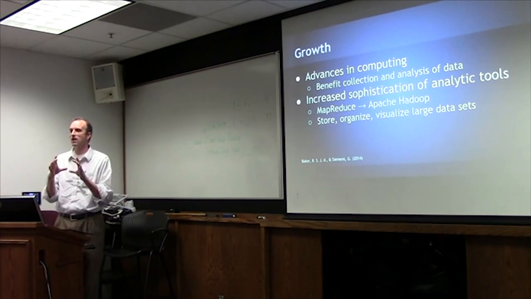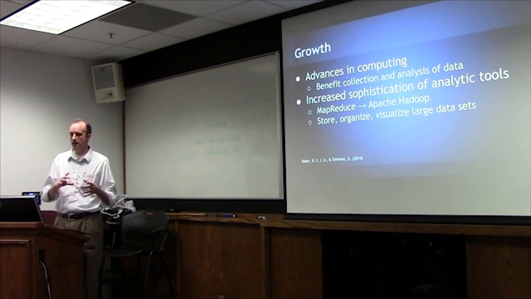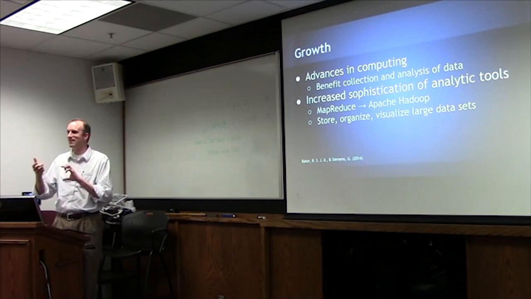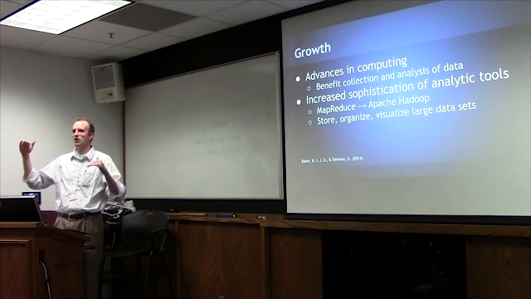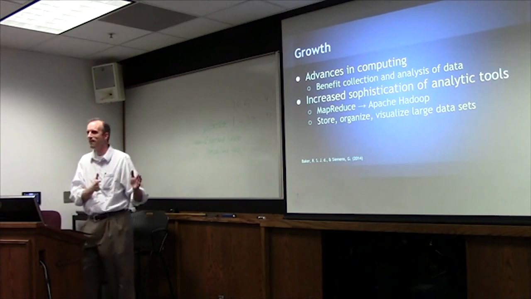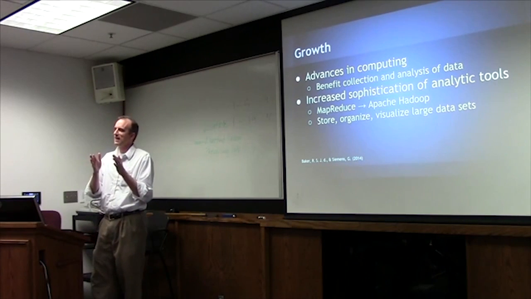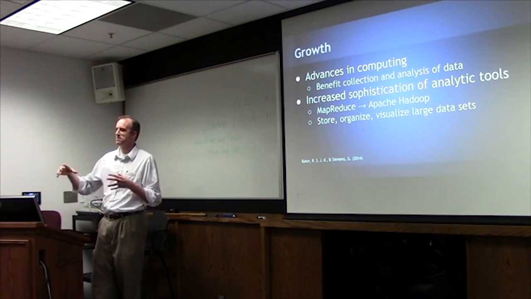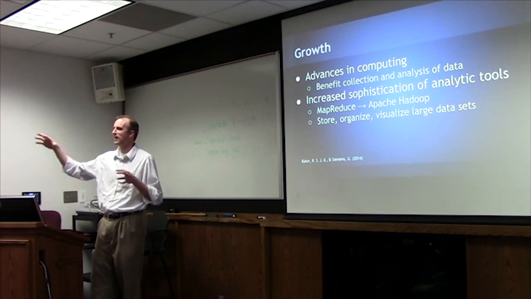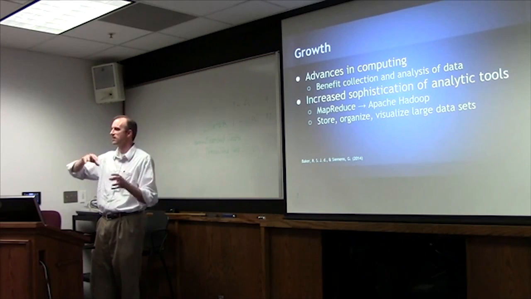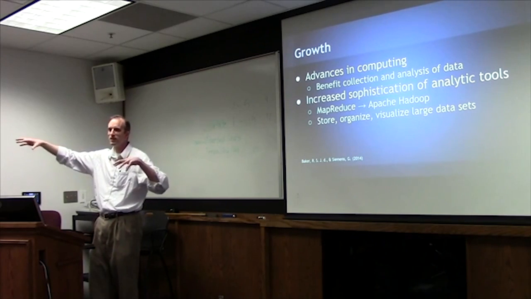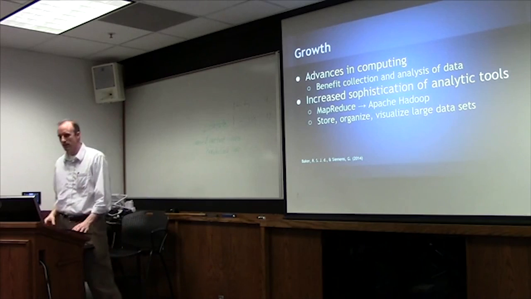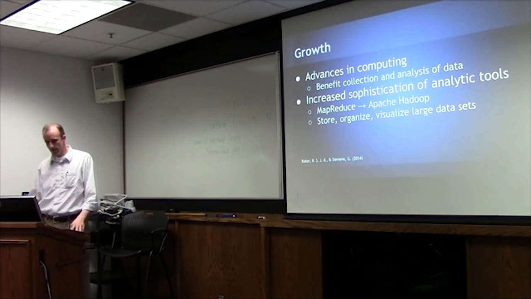Instead of having specialized hardware, they modularized it differently at the software level so that you could use cheap hardware, and they account for the fact that if one piece of that hardware, one node, goes down, then MapReduce and Apache Hadoop can account for that. It can say, okay, this one's down, let's spread the analysis somewhere else. So those kinds of things have helped with the growth.